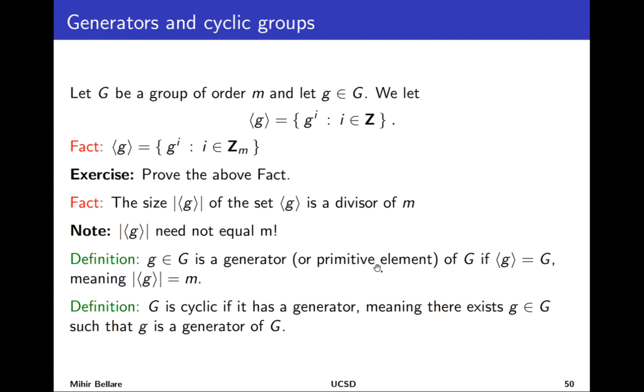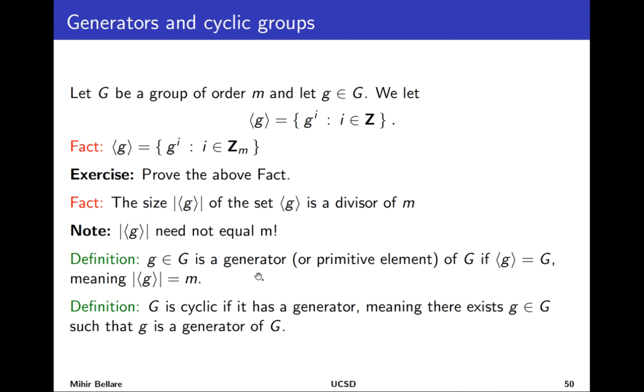So g is a generator if this set has size m, but another way of putting that is that this set equals the entire group. After all, if it's a subset of the group of size m, then it has to equal the entire group. And what that means is that every point in the group is some power of little g.